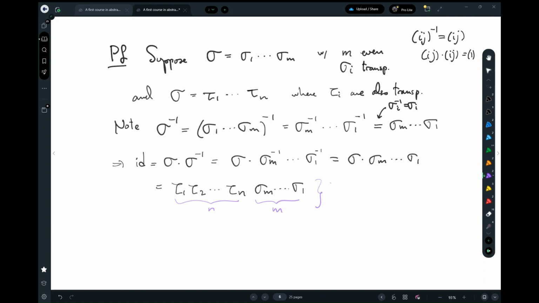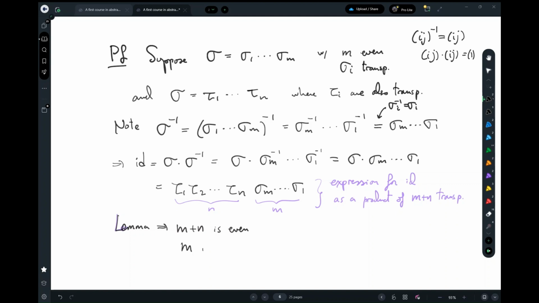So this is an expression for the identity as a product of m plus n transpositions. And the lemma tells me that m plus n is even.